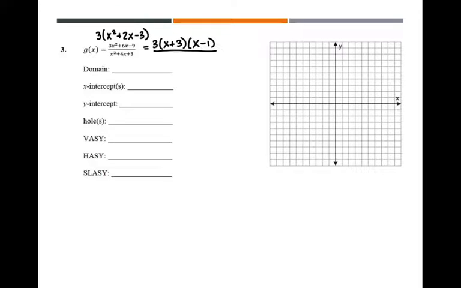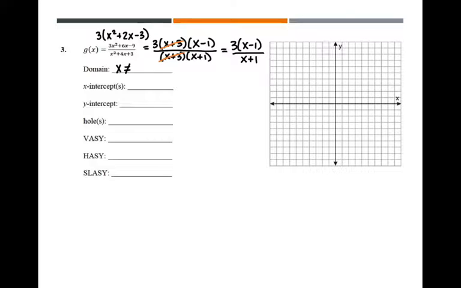In my denominator, two numbers that multiply to 3 and add to 4 are +3 and +1, and I can see that my x plus 3's are going to end up canceling out. So my leftover function is 3 times (x minus 1) over (x plus 1). For the domain, you are going to list all of the restrictions, even for the factors that canceled.